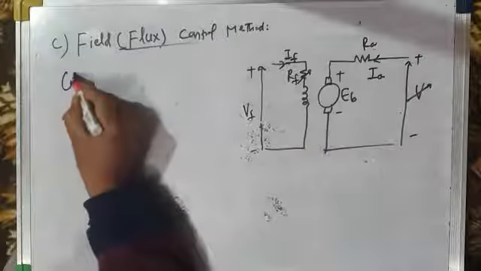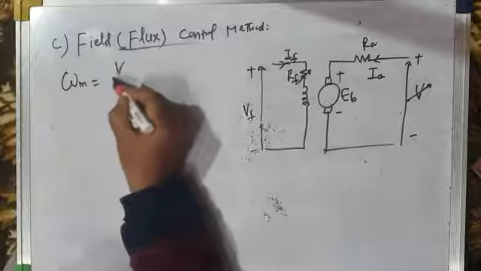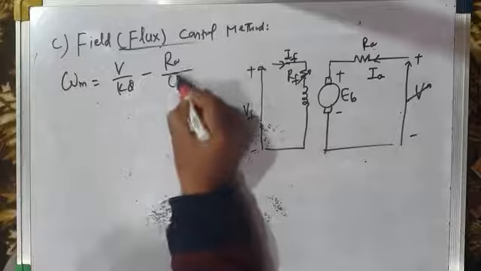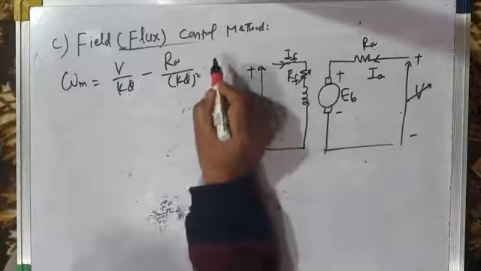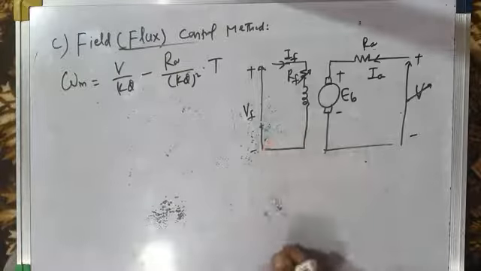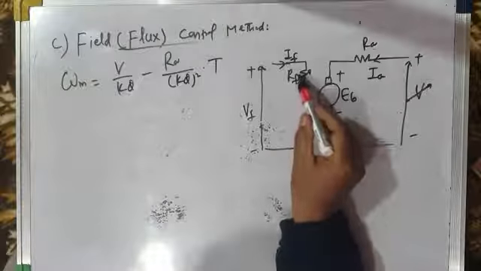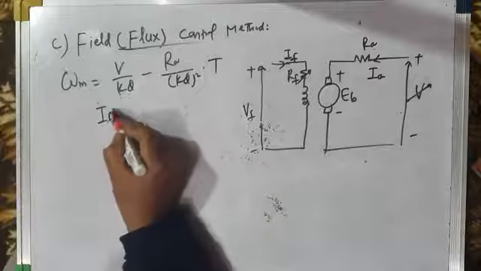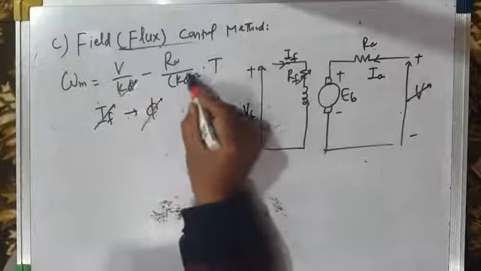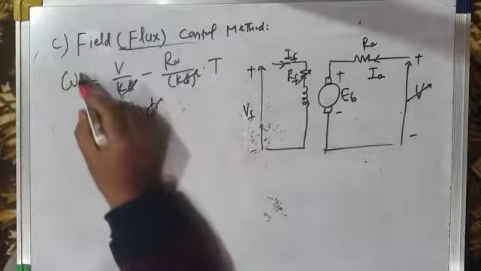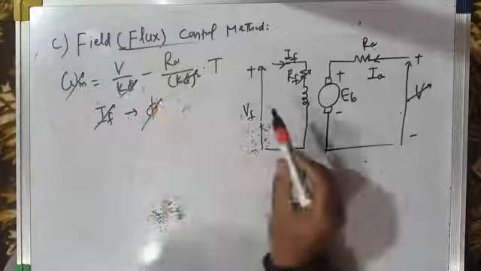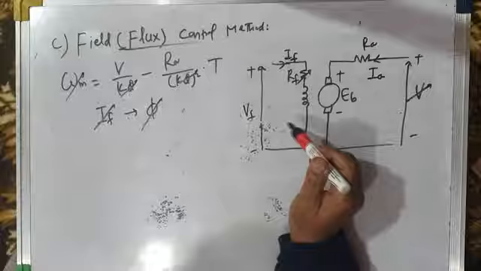And since we already know the speed of the motor is given by V by K phi minus Ra divided by (K phi) whole square into T, since you are changing the field current, that means you are changing the flux, phi. By changing the flux, you get speeds above base speed, because originally the flux in the machine is equal to the rated flux.